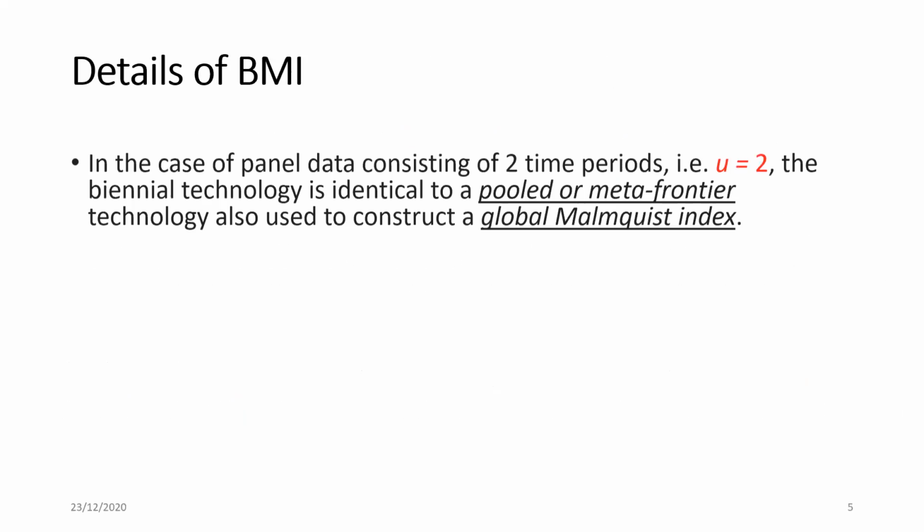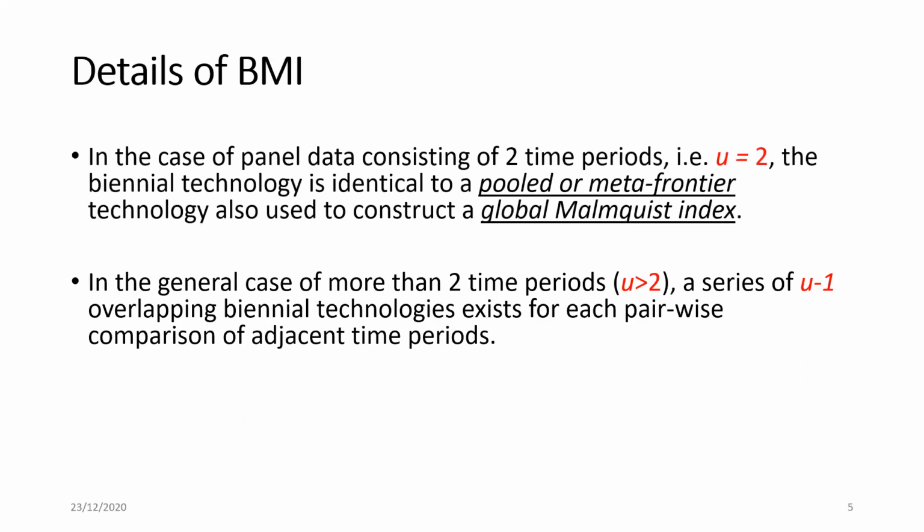Okay, so let's look at some details. When you have panel data made up of two time periods, the biennial technology, and I want you to know the difference between frontier and technology. If you remember, I said the other time that a frontier is the line at the edge. The technology is both the line plus the space. Do you remember?